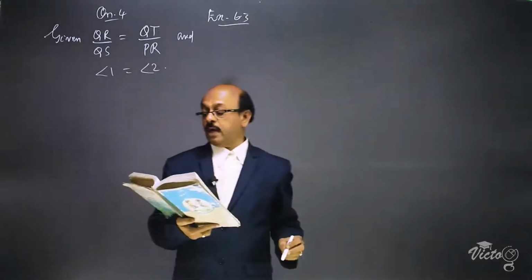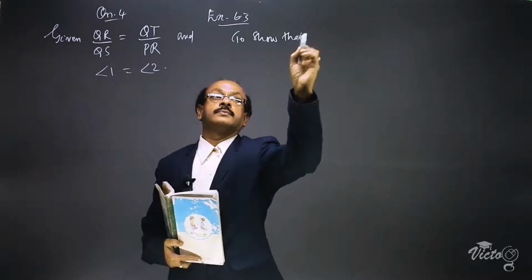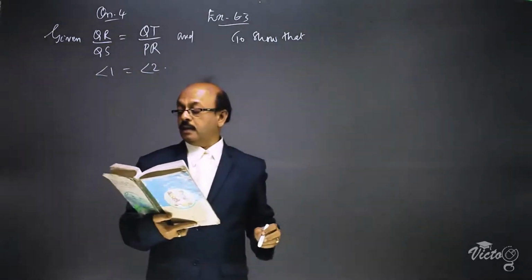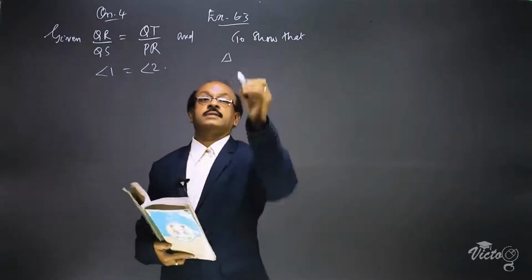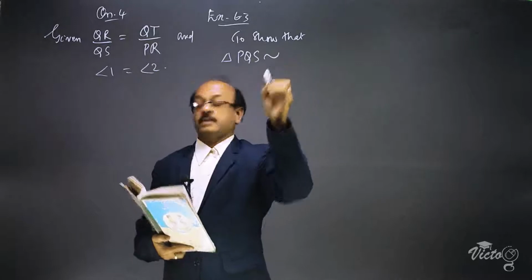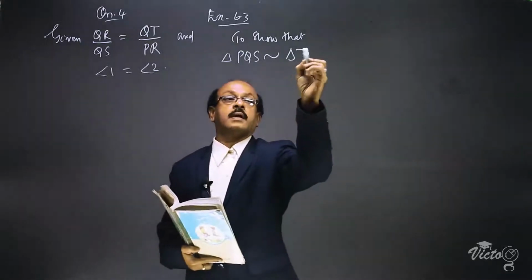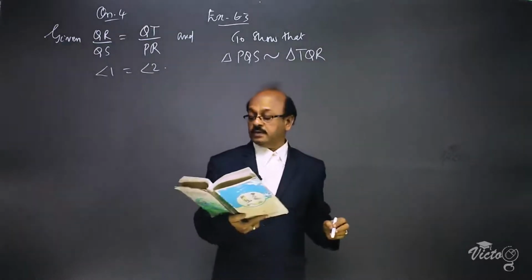We have to show that triangle PQS is similar to triangle TQR. This is the thing which we have to prove, and the figure is given.